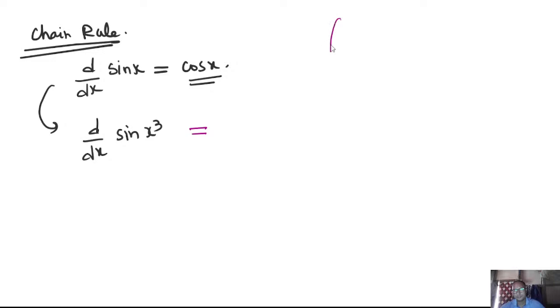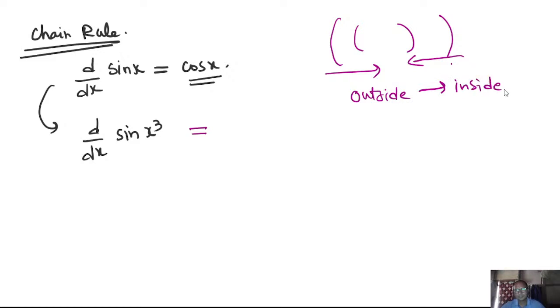In the chain rule, we go from outside to inside. So what is the outside function? For sin x cube, the outside function is the sin function.